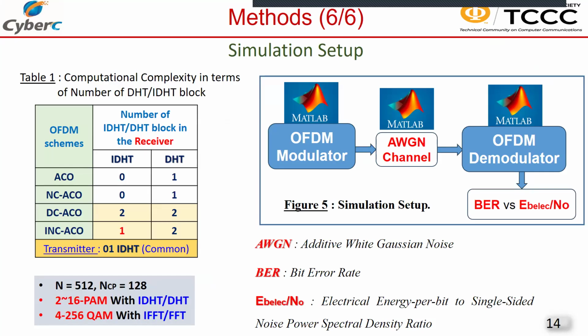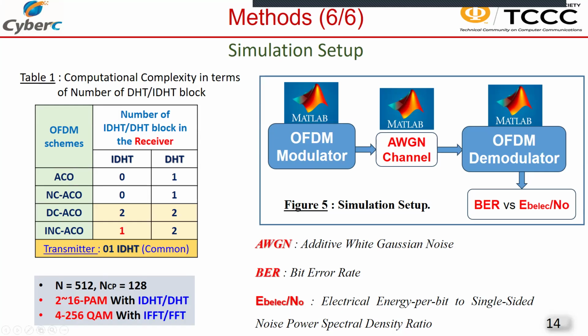Figure 5 shows the simulation setup we implemented in order to analyze the performance obtained in an AWGN channel by all the schemes for comparison, in terms of bit error rate versus electrical energy per bit to single-sided noise power spectral density ratio, simply called here Eb to N0.